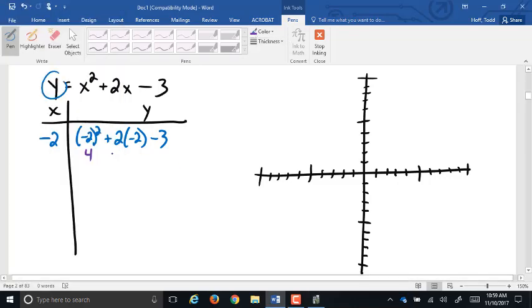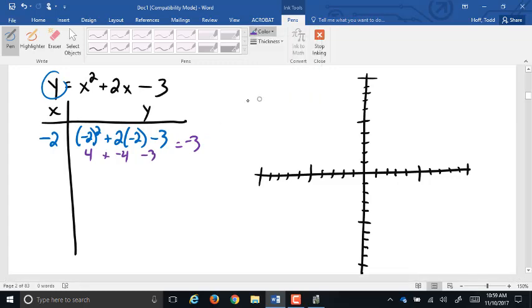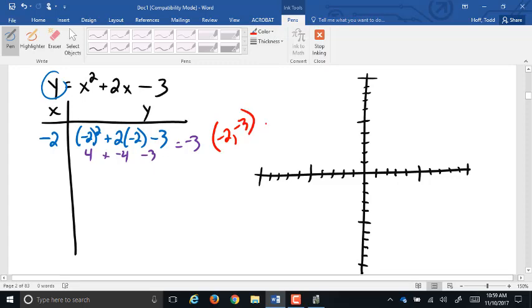And yes, 2 times negative 2 would have been a negative 4, and then minus 3. 4 plus negative 4 is 0, minus 3 is negative 3. So that gives us the ordered pair: when x is negative 2, y is negative 3. So x is negative 2, y is negative 3 is right there. What's that?